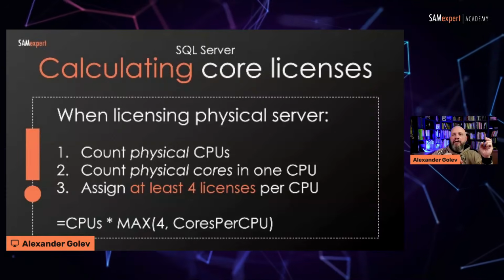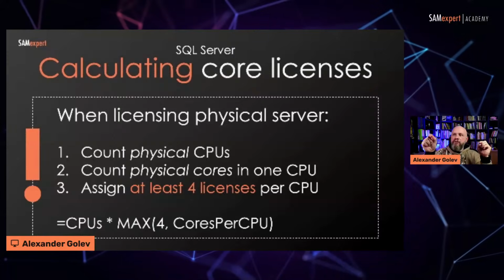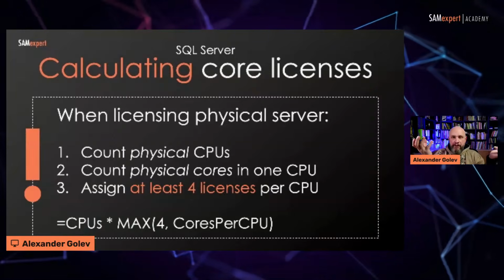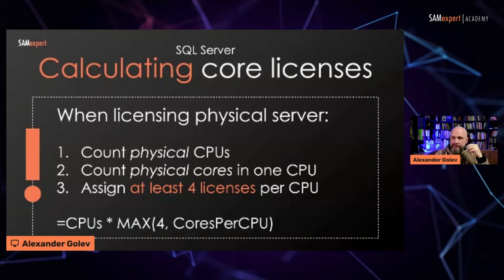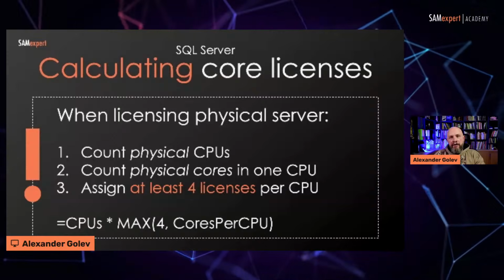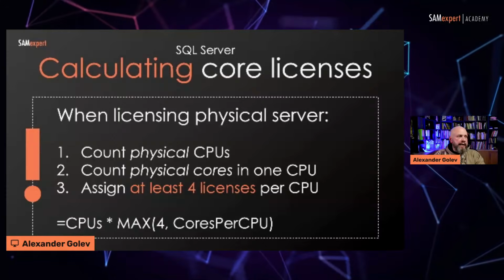And for those of you who are Excel freaks, the formula at the bottom of the slide is something you can type into your Excel. And there you go. That's how we calculate the licenses. When you license per virtual machine or container, it is a little bit different.